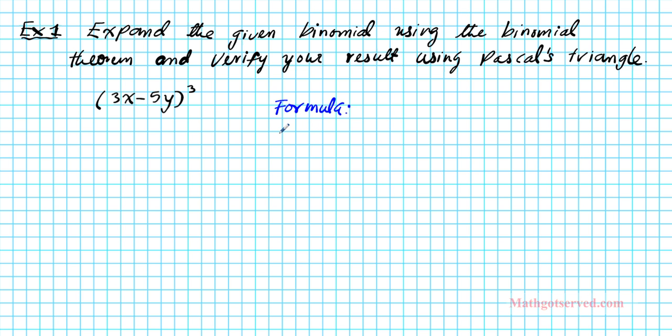If you want to expand a plus b to the nth power, it's given by the discrete sum from k equals 0 to n of the combination n choose k of a to the n minus k times b to the k. This is the combination notation.